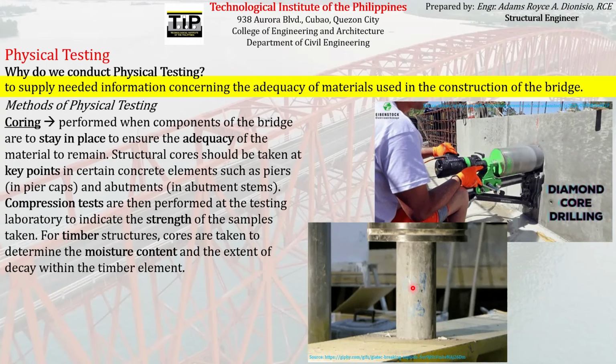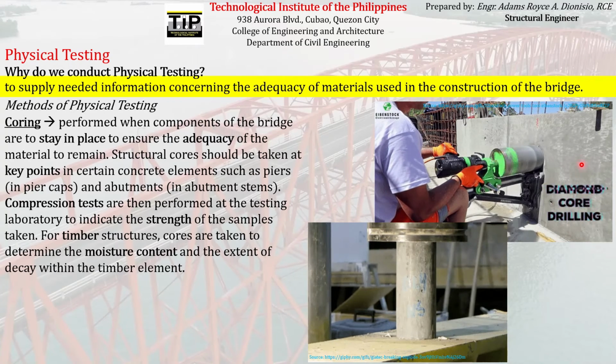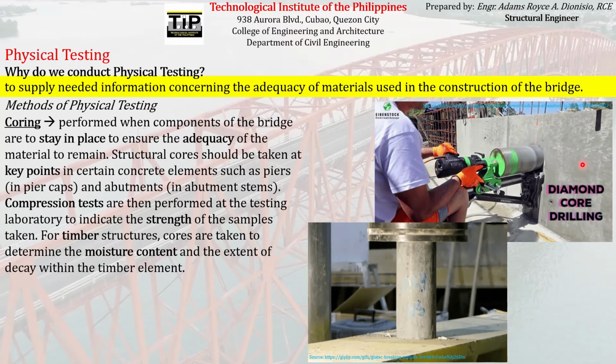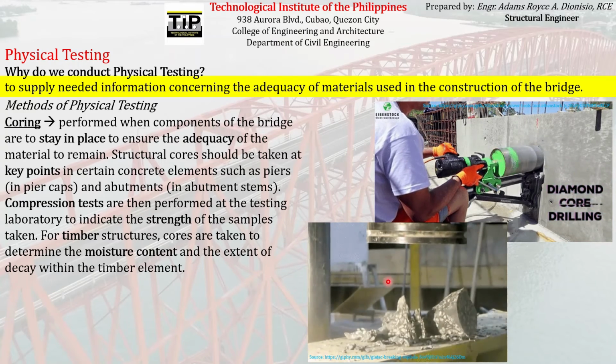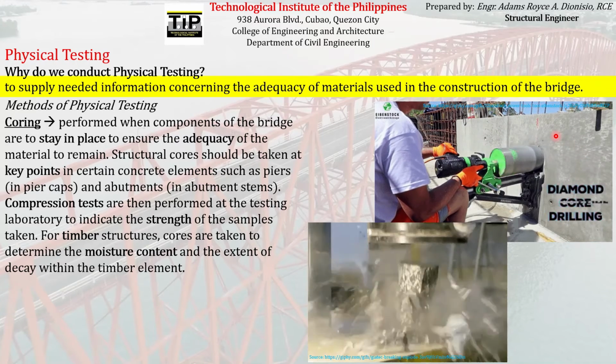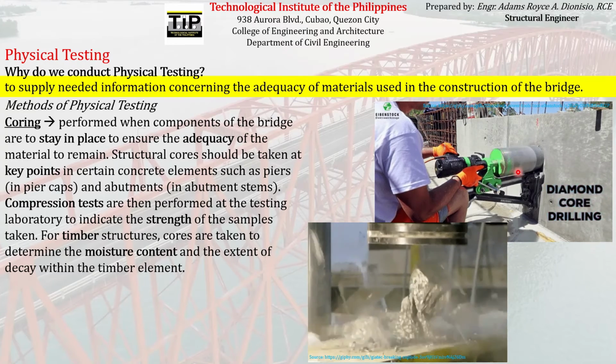So with that, we can have an idea on the adequacy of the whole component that remained on site. Technically, we are assuming that the strength that we get from the core sample will represent the strength of the whole component of the bridge structure. Although that's for the case only of concrete bridge components.